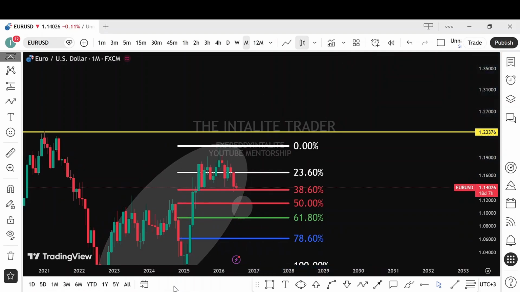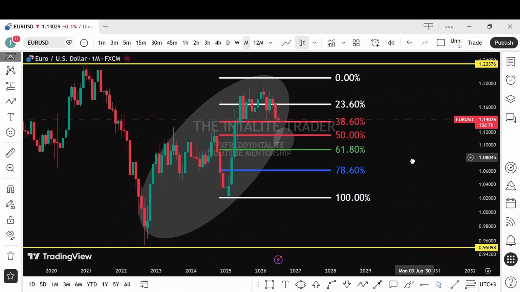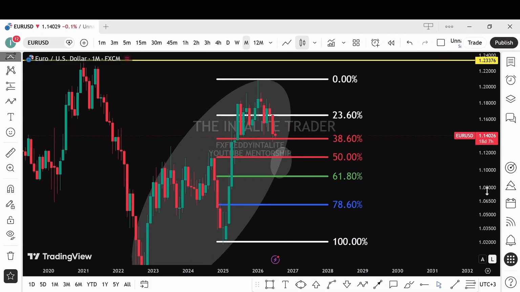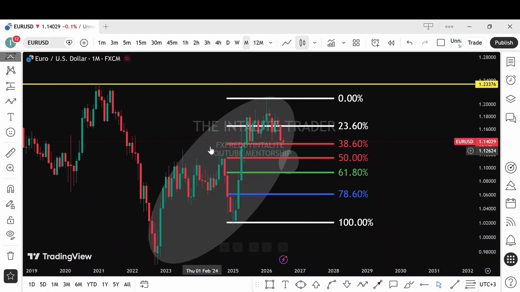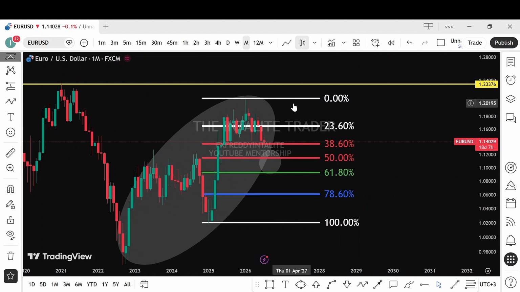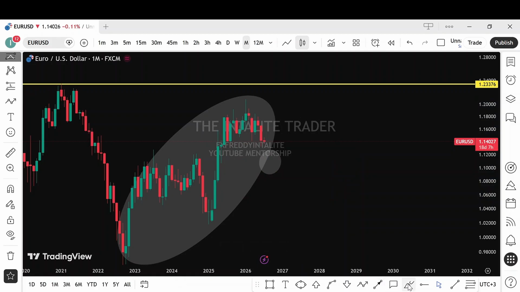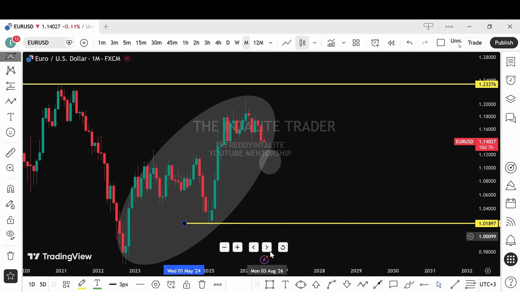And that's why I teach you market structure, internal structure, external structure. So if this is the external structure right now, which is saying short-term bullish, you even have it marked here, this is my short-term level.